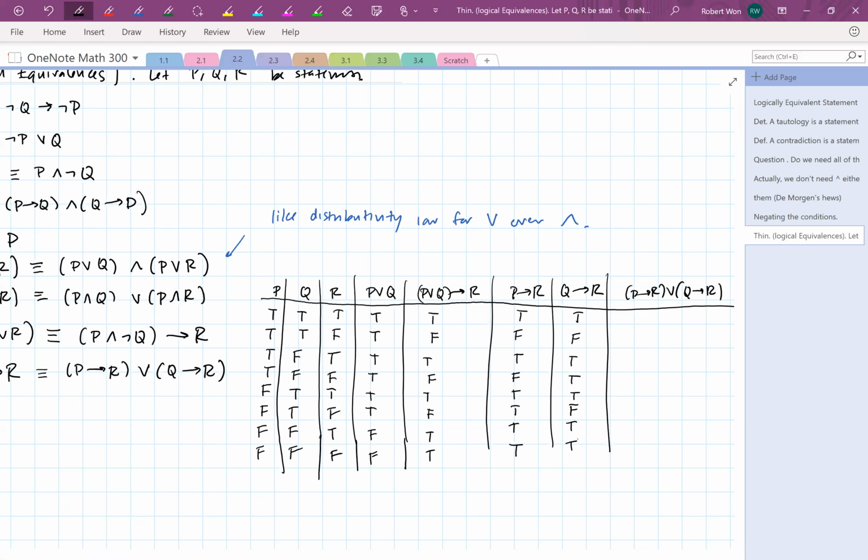And then the or here shows that I've made a mistake, right? This should be an and. Okay, so I should fix that in the notes. So now if I and these 2 columns together, you will see that this column and this column are exactly the same.